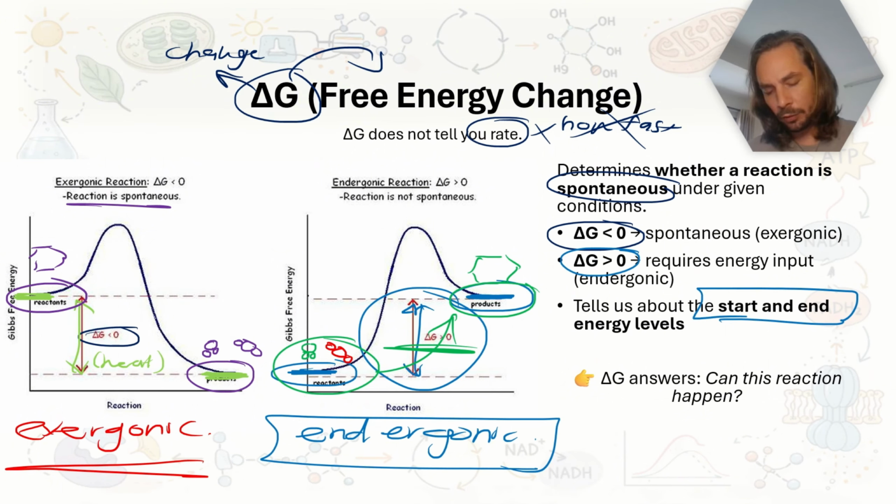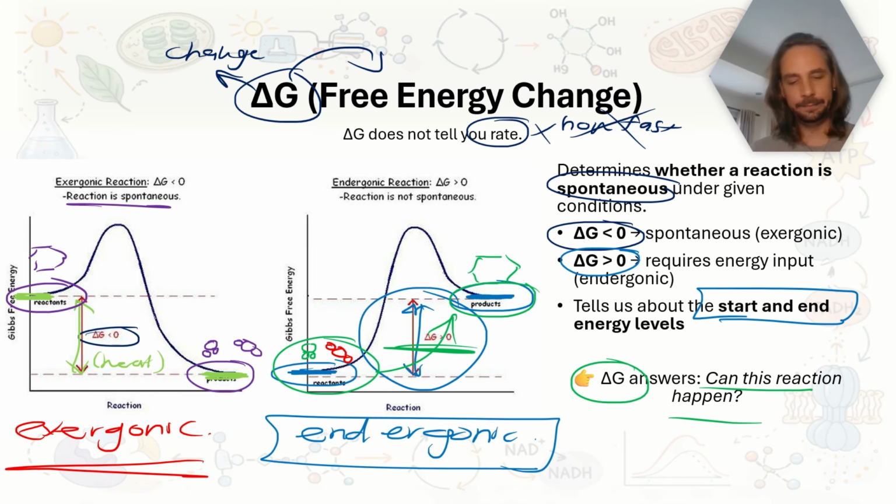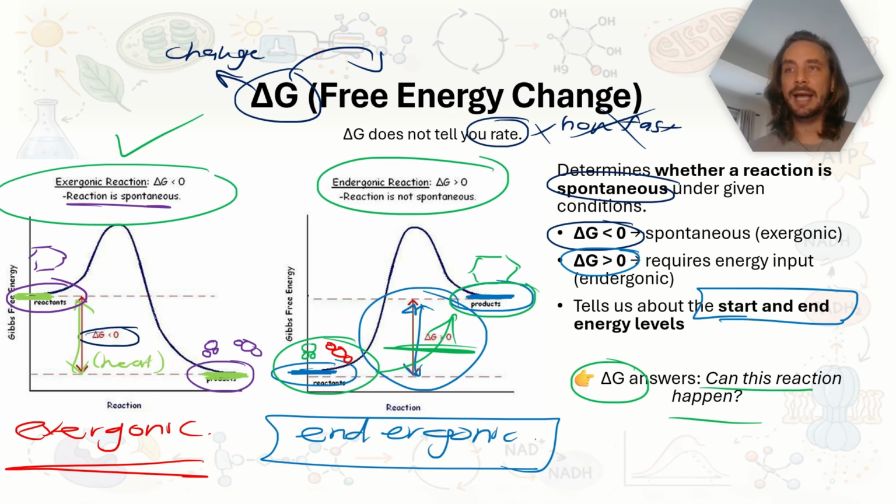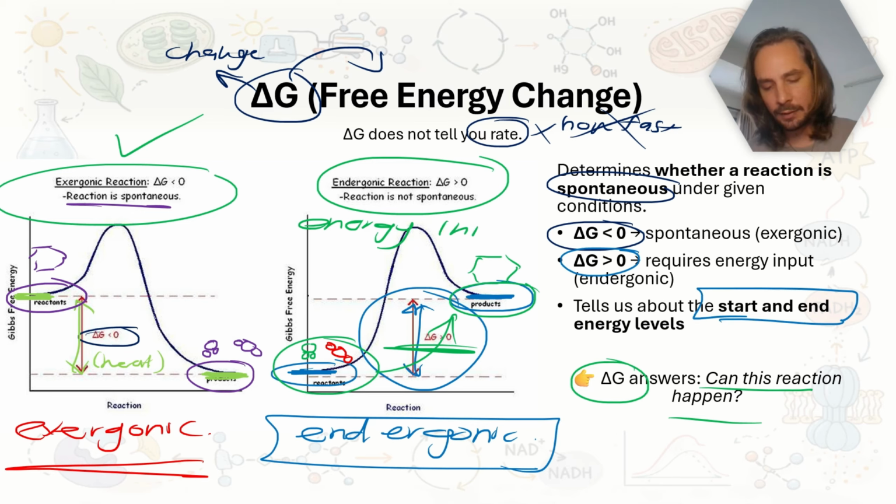So overall, the delta G tells us, can this reaction happen? In exergonic reactions, this reaction can happen without energy input, whereas endergonic reactions are not spontaneous and they require energy input.